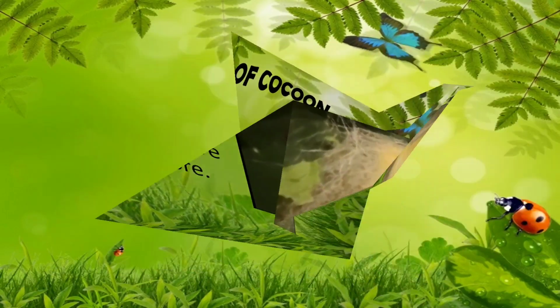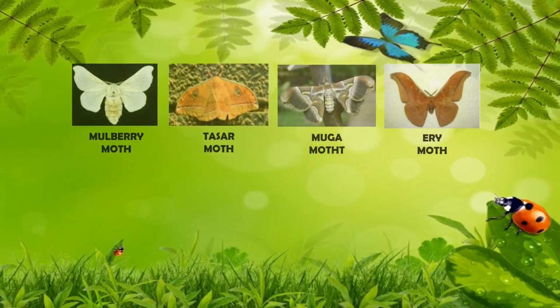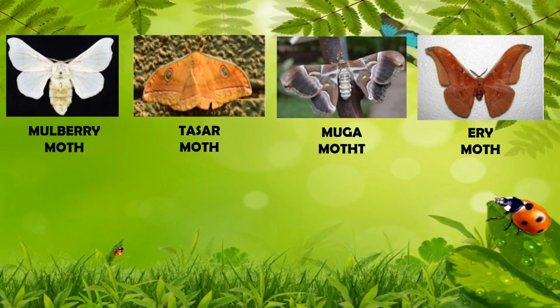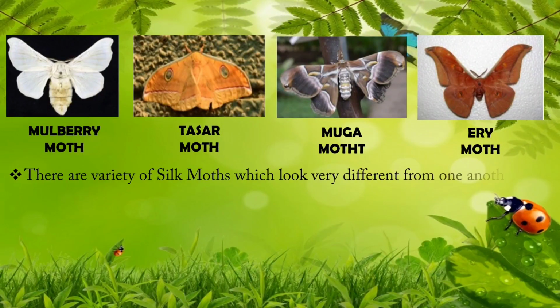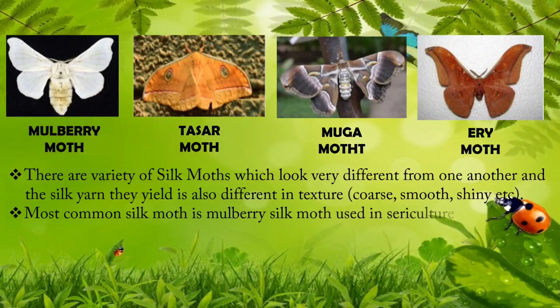Now let us take a look at the types of moths. There is a variety of silk moths which look very different from one another, and silk yarn is different in texture: coarse, smooth, shiny, etc. The most common silk moth used in sericulture is the mulberry silk moth.